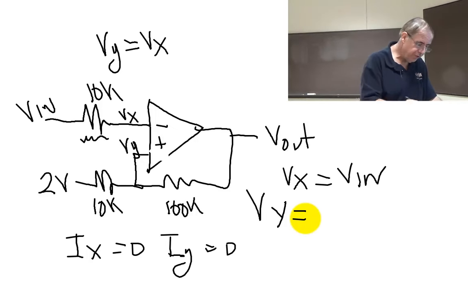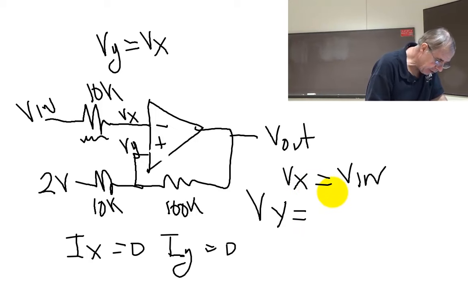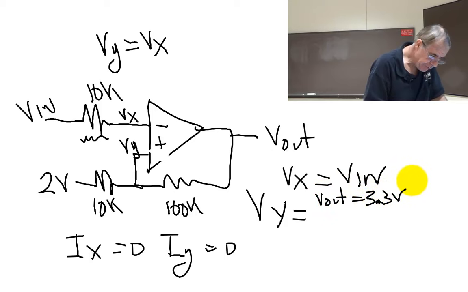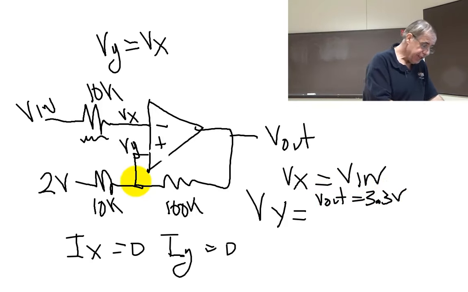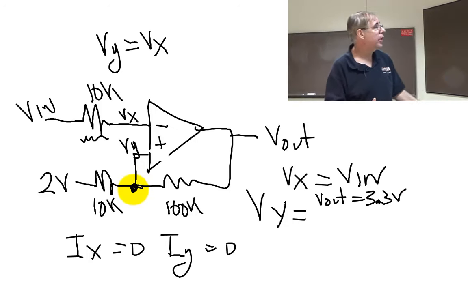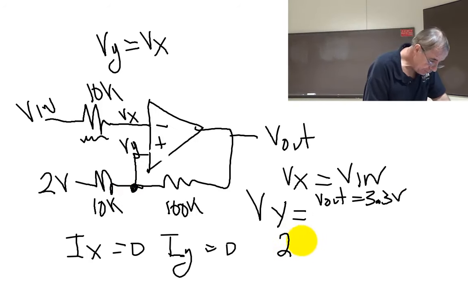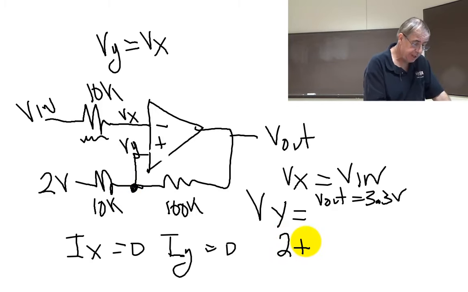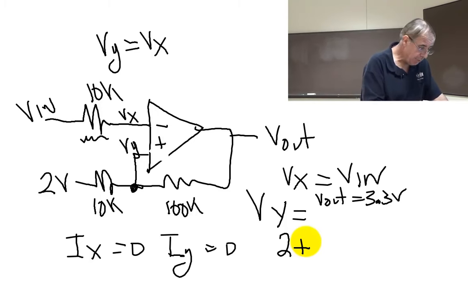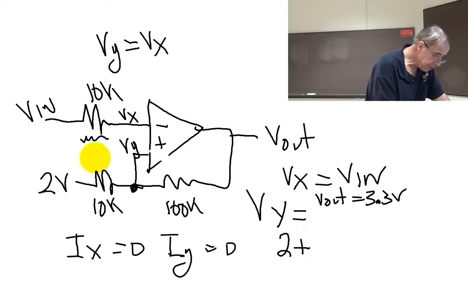I'm going to do Vy if the output is high. So if the output is equal to 3.3 volts, then this voltage here is a voltage divider, which is 2 plus something. You see that? It's going to be 2 plus something. I want to know the current through this resistor.